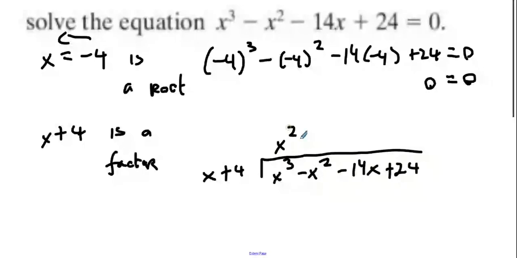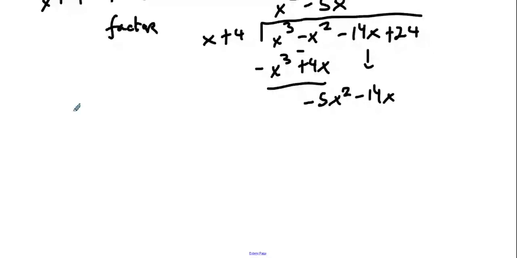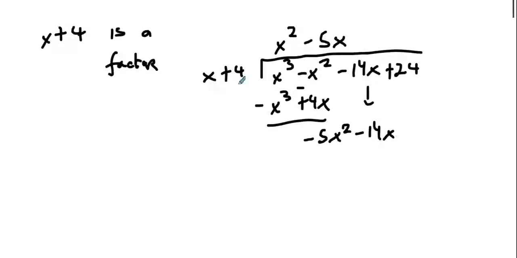It goes in x squared plus 4x. Take it all. Minus 5x. Multiply it out.